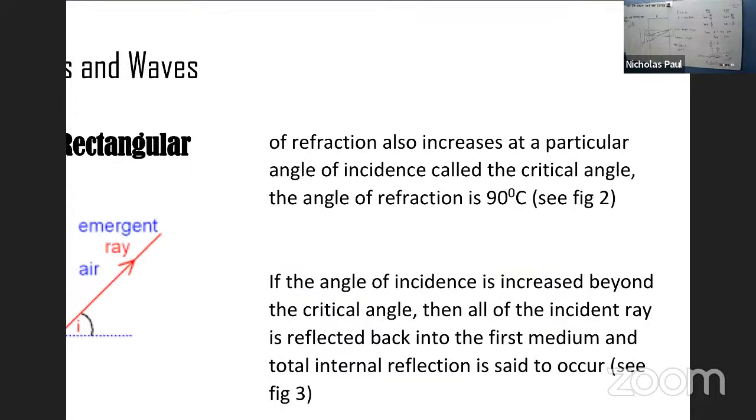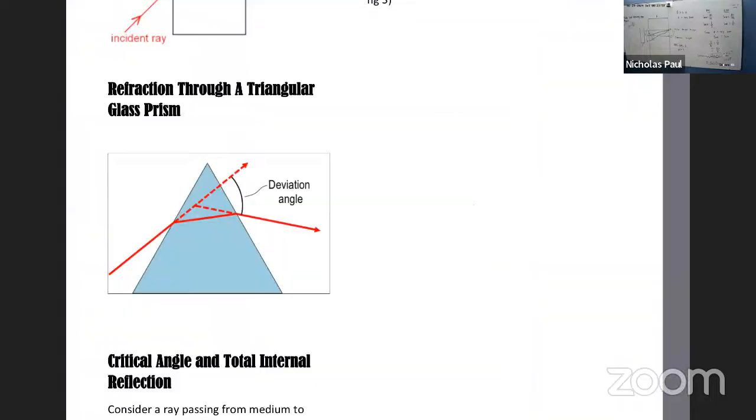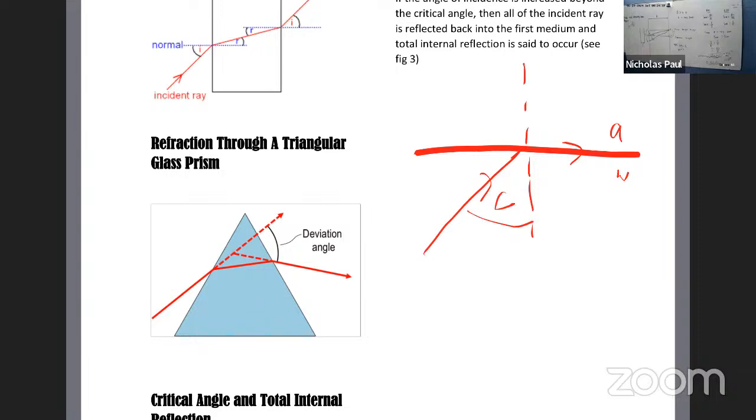What about critical angle? Anybody remember the concept of critical angle? For example, if you have an air-water medium, and you have a ray of light coming in here. If that ray of light travels along the air-water boundary, this angle here is called your critical angle.